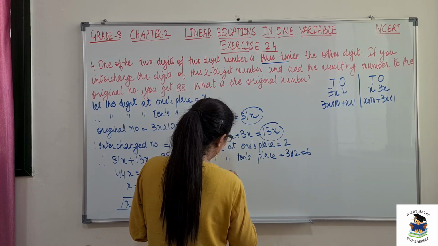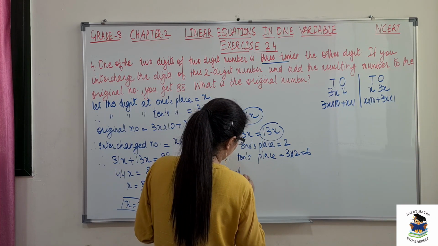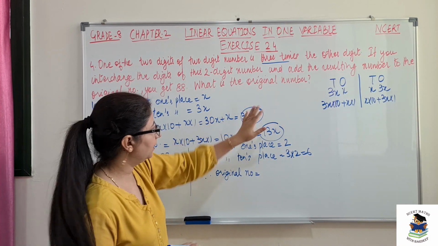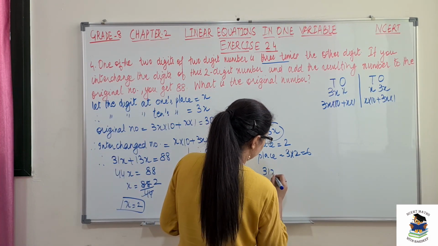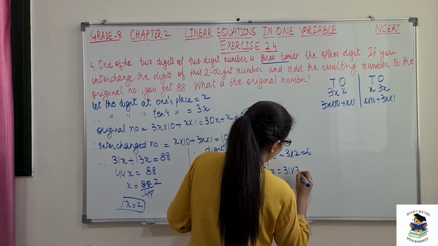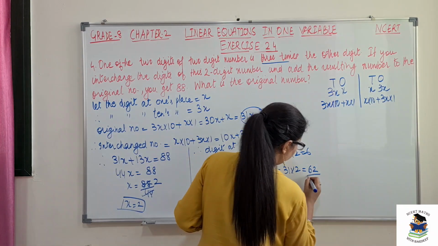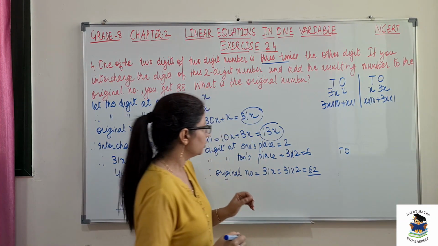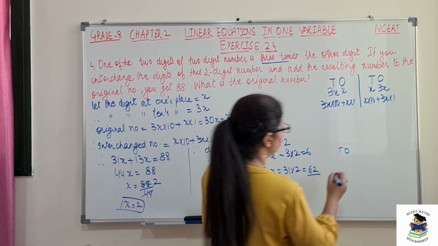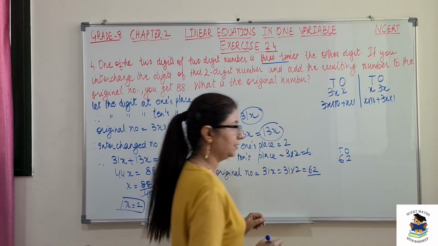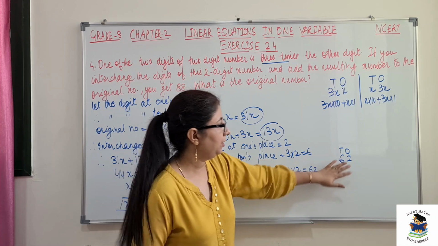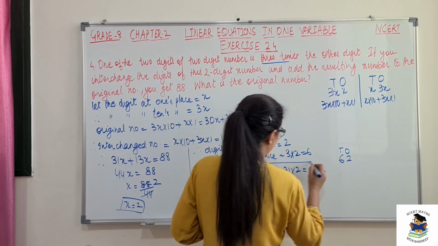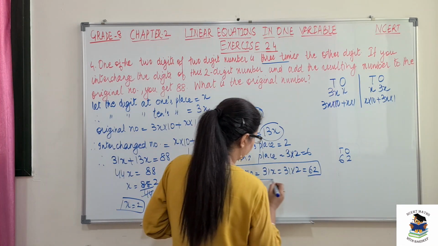Therefore the original number is, either you put the value in this, that is 31 into 2, this is 31x, so 31 into 2 is 62, right? Or you can directly write it like this. So what is our 1's place? This is 2 and 6 at 10's place. So you will get the same answer. So our answer is, the original number is 62.